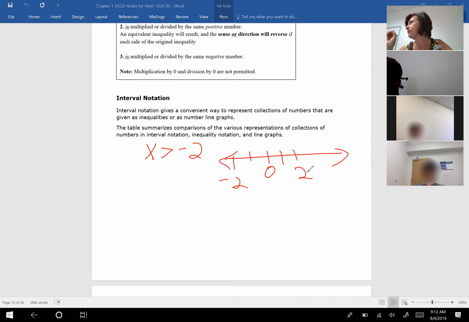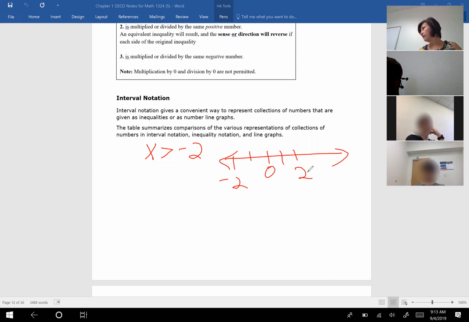There was a different way that we showed if we were supposed to include that number or not. Because is -2 greater than -2? Yes or no? It's not.